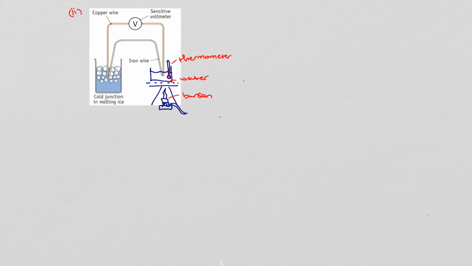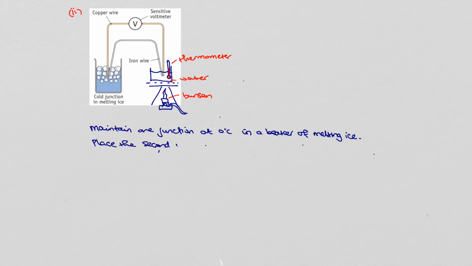So how are we going to set this up? Well, the first thing we want to do is maintain one junction at 0 degrees Celsius in a beaker of melting ice. And then we have the second junction in a beaker of water with a thermometer.